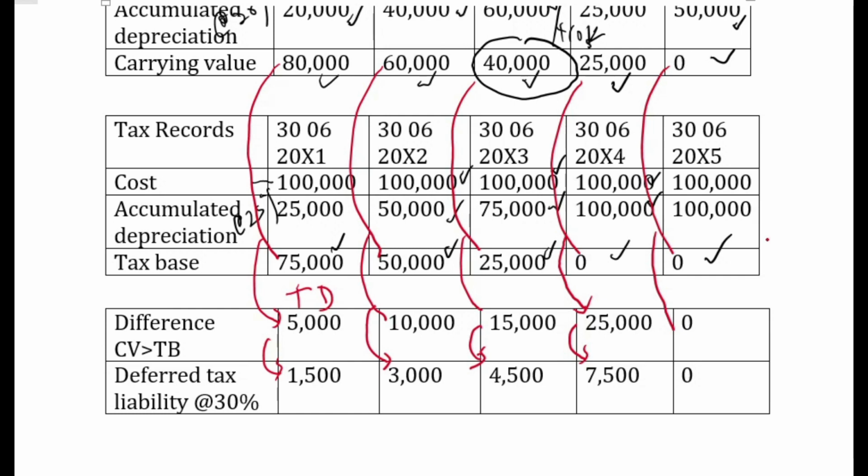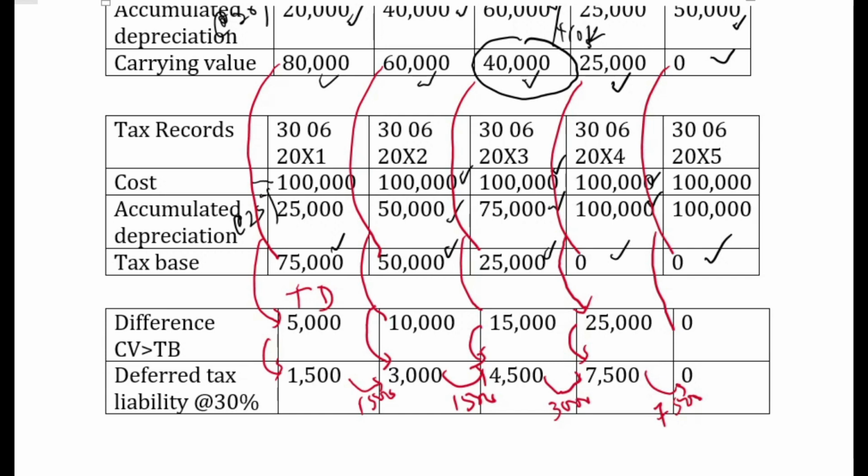So the increase: in the first year, there's a deferred tax liability balance of 1,500. That's increased by 1,500 into the second year, increased by 1,500 into the third year, and increased by 3,000 into the fourth year, and then it's decreased by 7,500 into the fifth year.